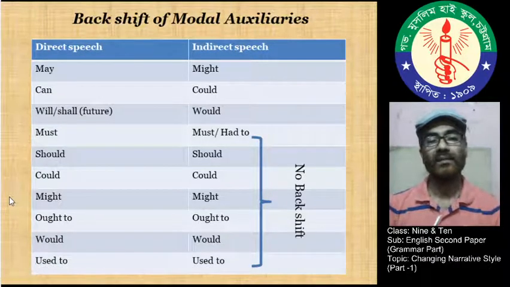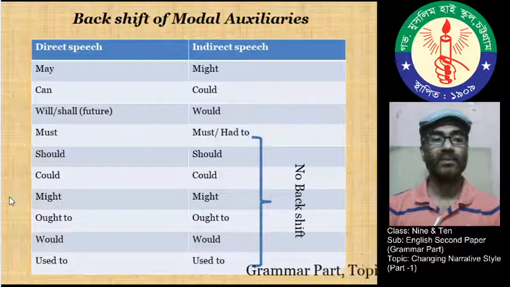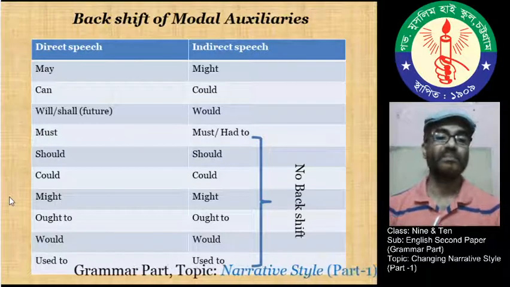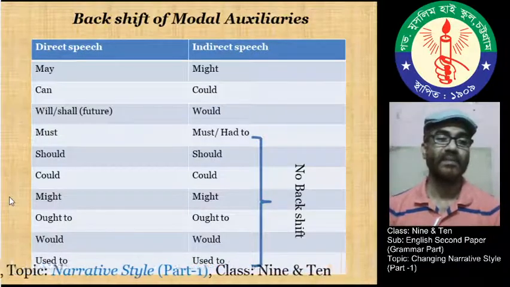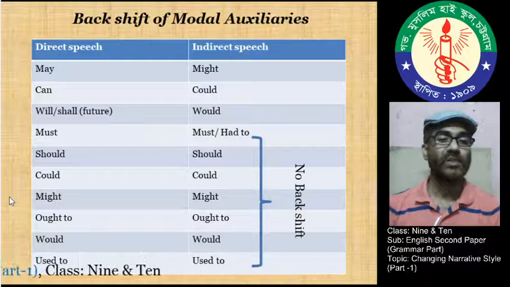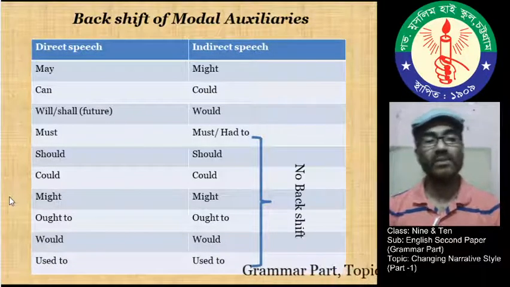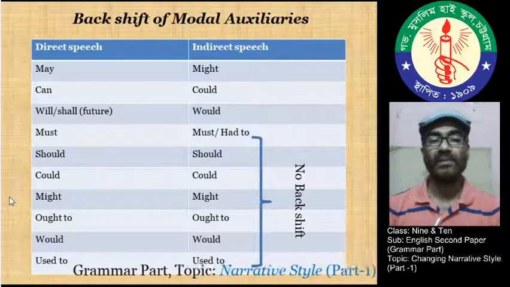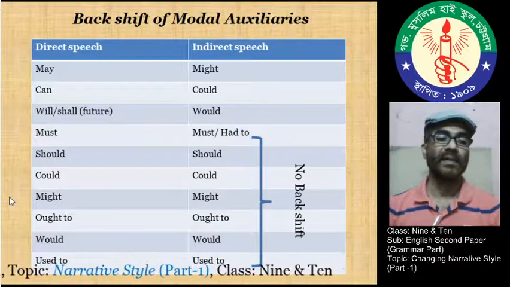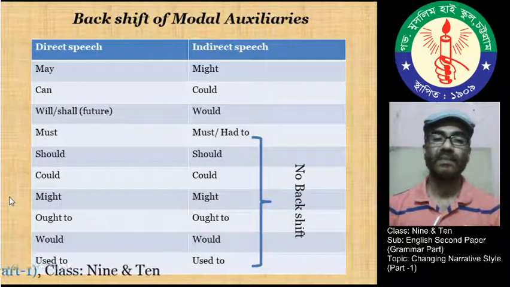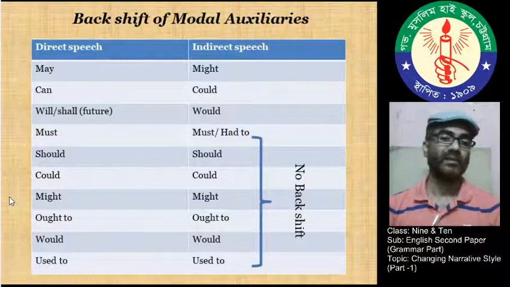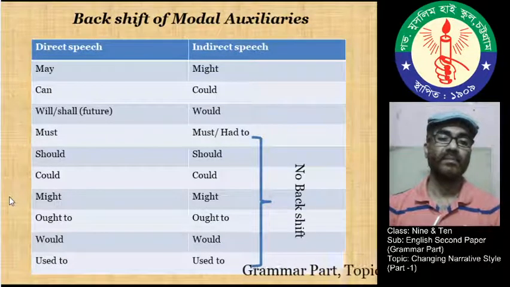And you see here some more modal auxiliaries which have no backshift. They are should remains should, could, might, ought to remains ought to, would remains would, and used to remains used to. These modal auxiliaries don't have backshift.